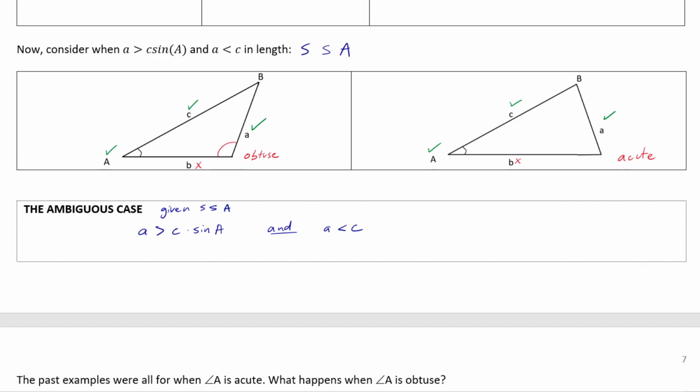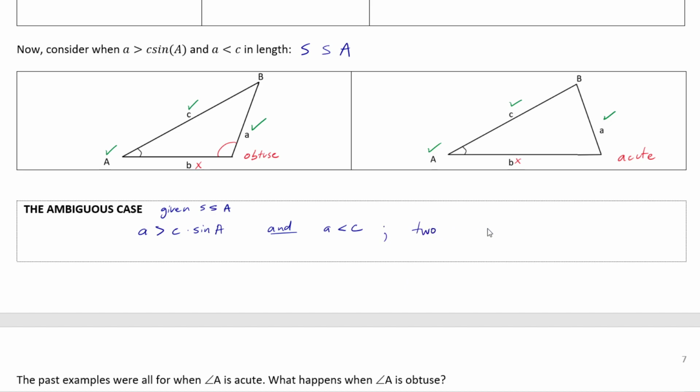If the given side a is larger than c times the sine of angle A, as well as a being less than c, you have the ambiguous case. So these are the two conditions that have to arise in side, angle for the ambiguous case to happen.